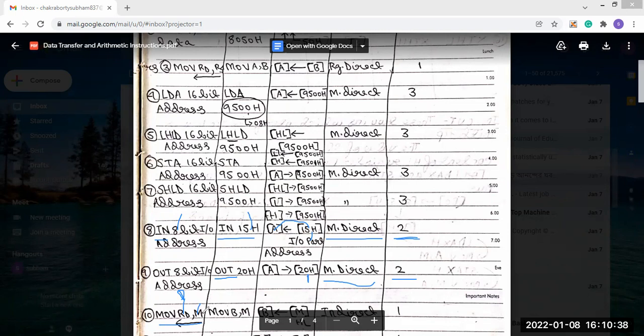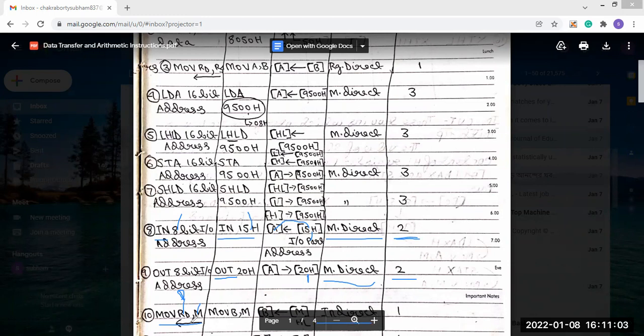I have already said when discussing the addressing modes, if M is mentioned anywhere, it will be the indirect addressing mode. If capital M is mentioned, that instruction is in the indirect addressing mode. So that's why this is indirect.